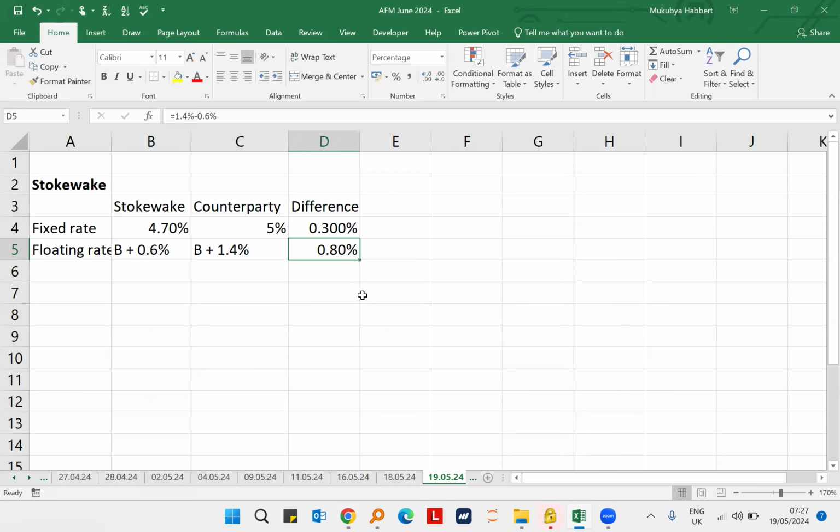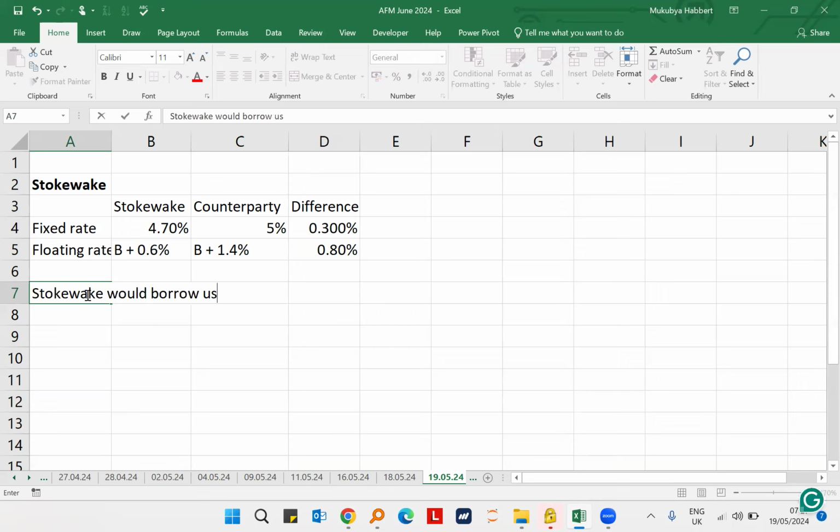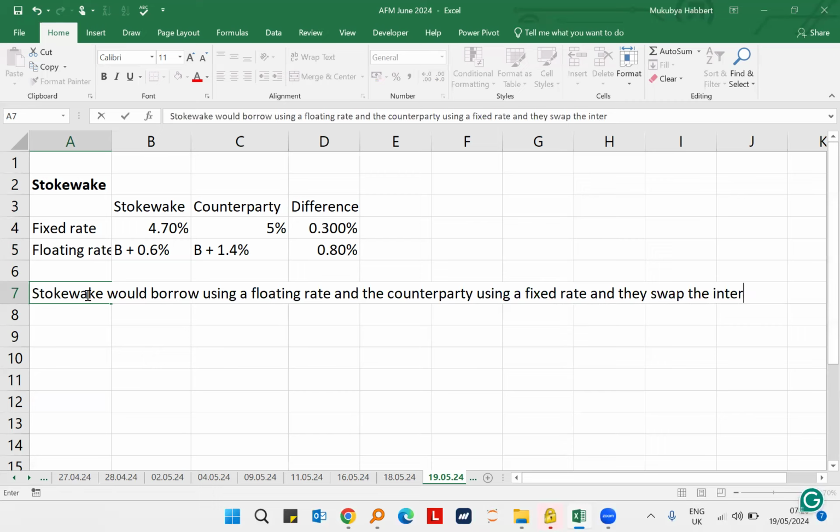Because there is a bigger differential for the floating rate, the idea is that Stockwake borrows using a floating rate, and the counterparty using a fixed rate, and then they swap the interest payments.